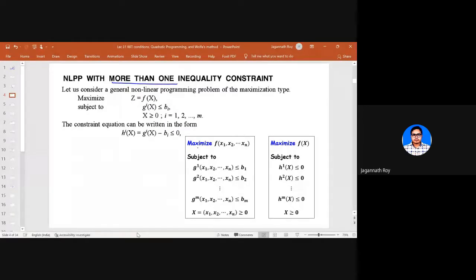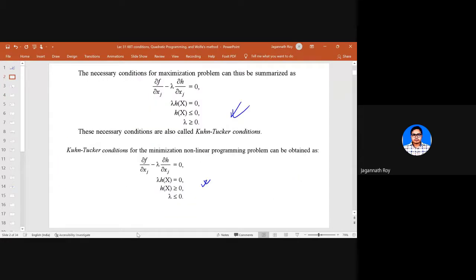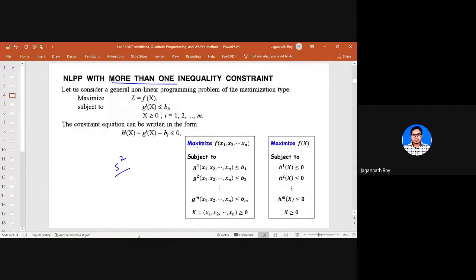In the last class, we have seen that if we take s_i square, then this slack variable is nowhere in the conditions, so we don't have to bother about the s variable. The slack variables will be eliminated after the computations.